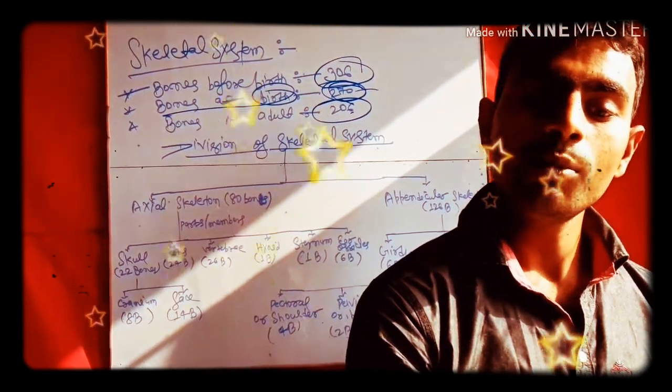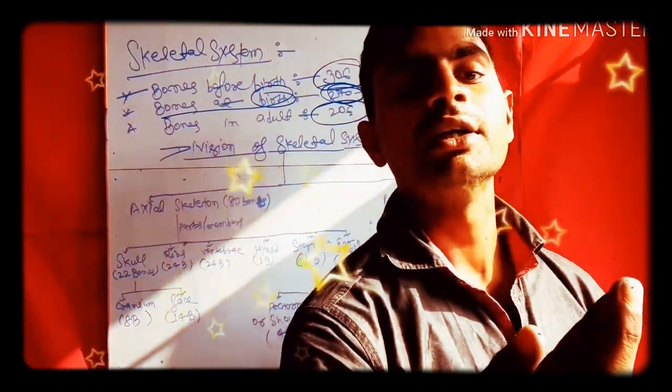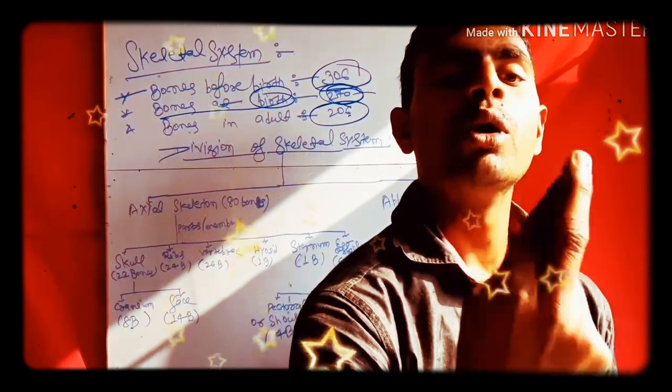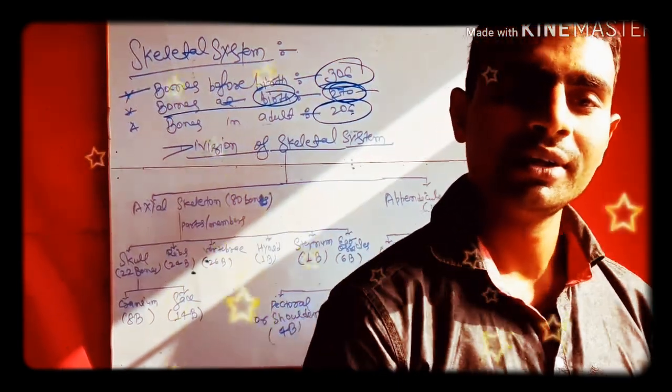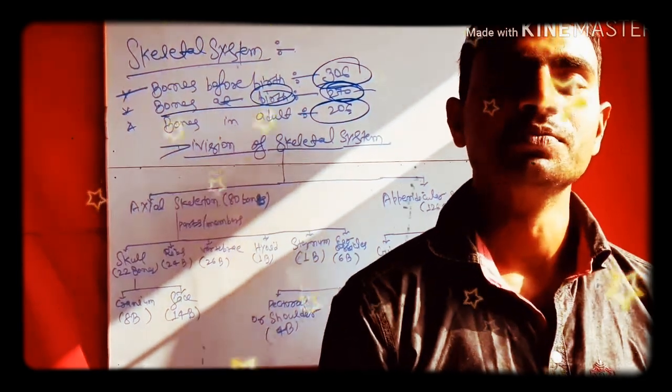If two or three bones fuse with each other, they are counted as only one bone, not two, after the fusion.